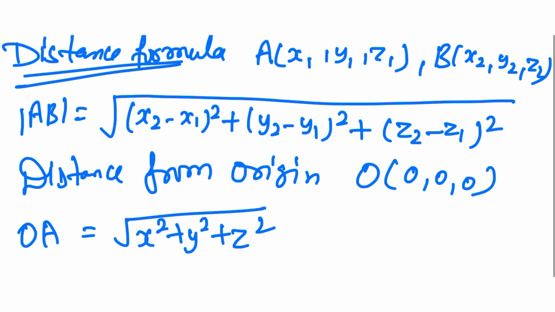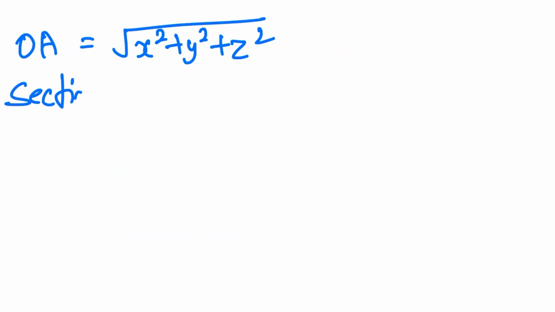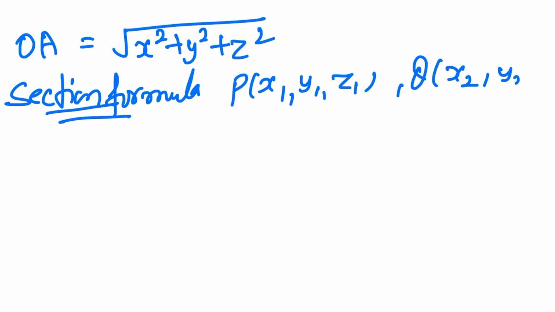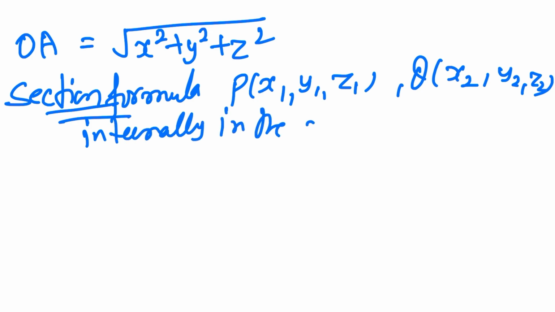Now we have another formula, that is the section formula. We have two points, P, x1, y1 and z1, and Q, x2, y2 and z2, and it divides internally in the ratio m:n.